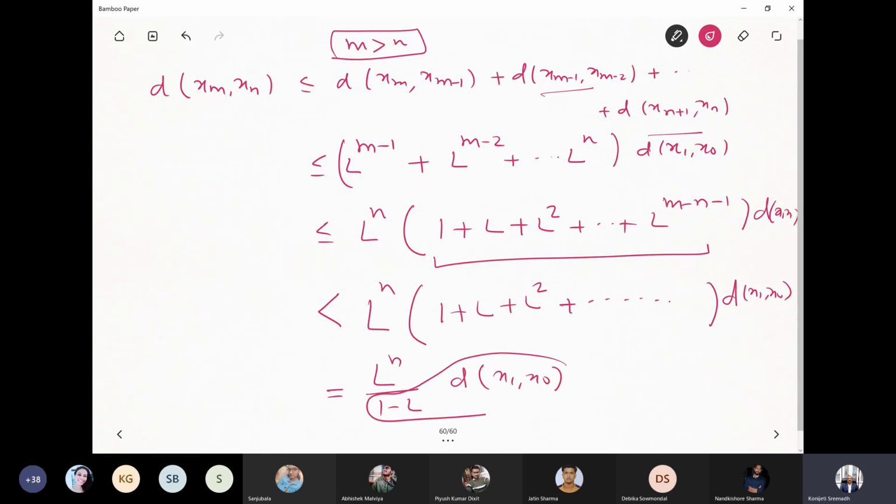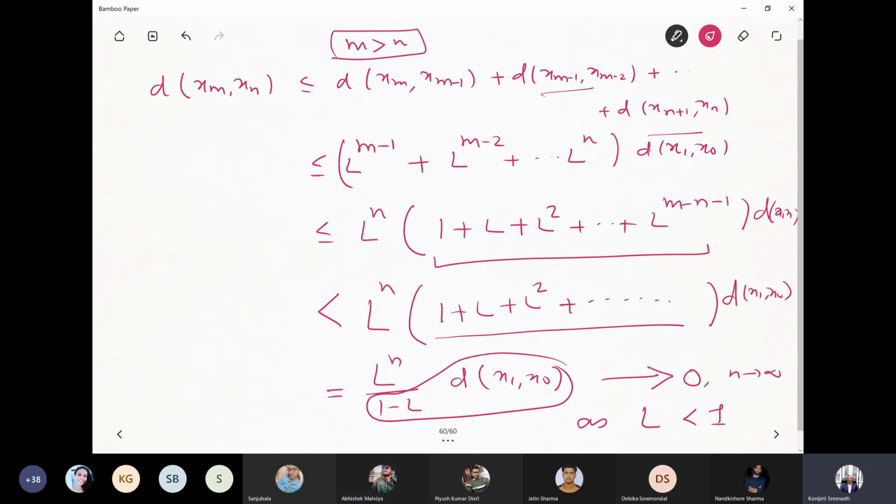So this is now a constant, and this is a constant, and this is L to the power n. So this whole thing goes to 0 as L is strictly less than 1. Because L is less than 1, the geometric series converges to 1 by 1 minus L. And since L is less than 1, L to the power n also goes to 0 as n tends to infinity.